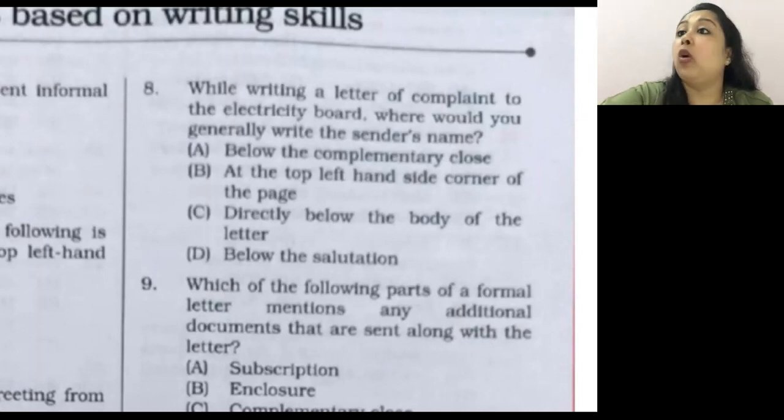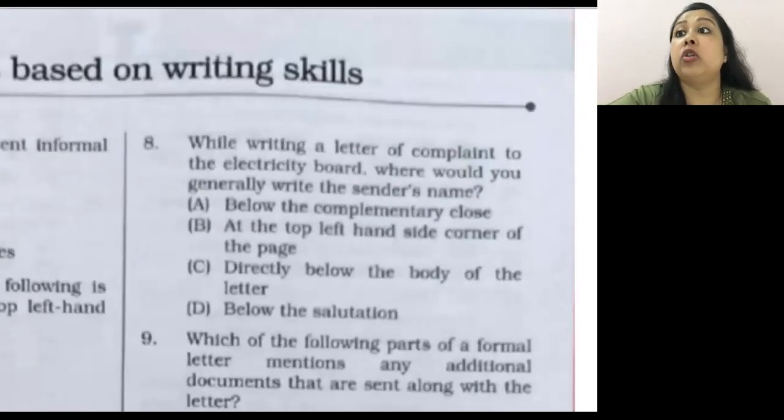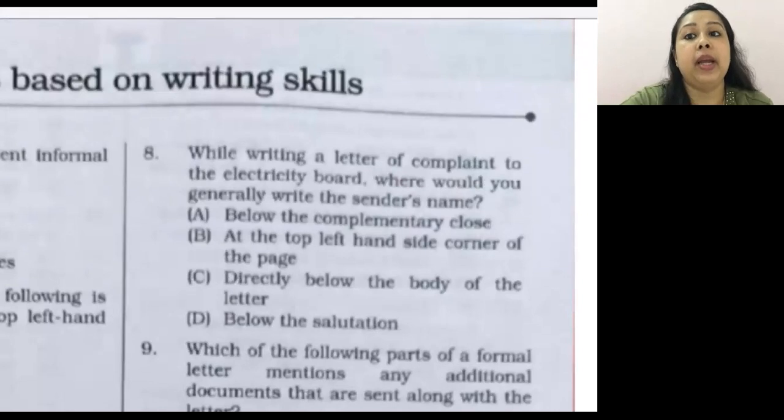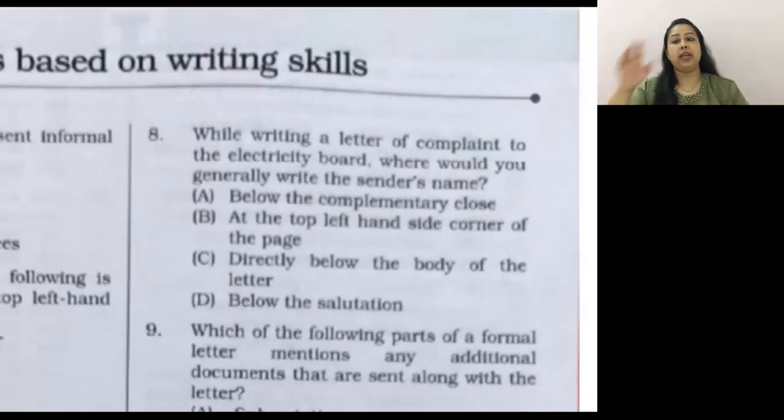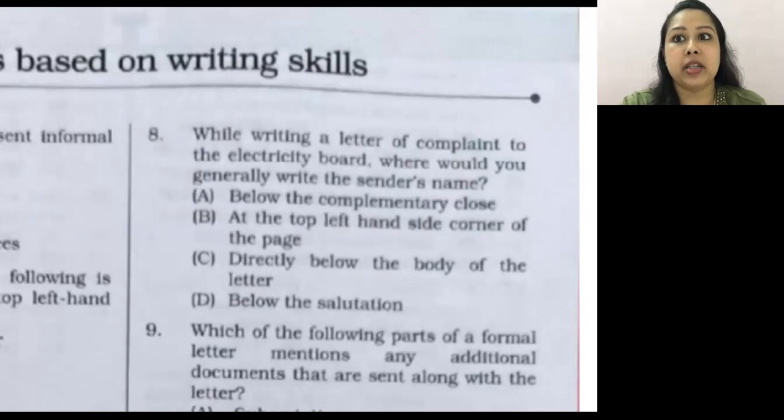It will be below the complimentary clause. Children, know where you are going to write your name. Below the complimentary clause, meaning thanking you, yours faithfully, signature Parina Mehta. And this is where I would write my name. I am complaining. Correct? Below the complimentary clause.